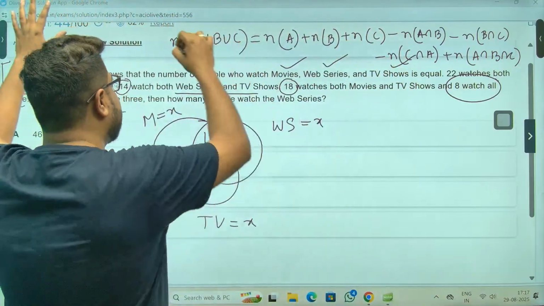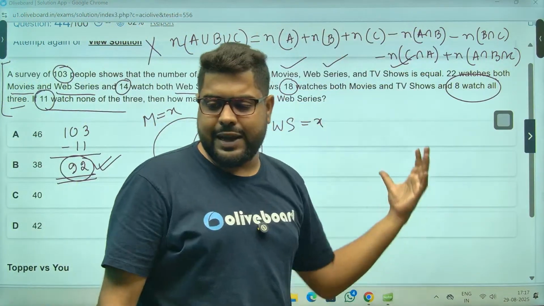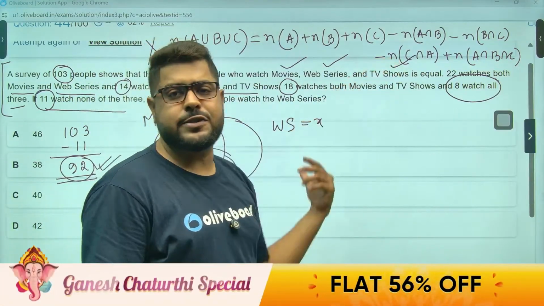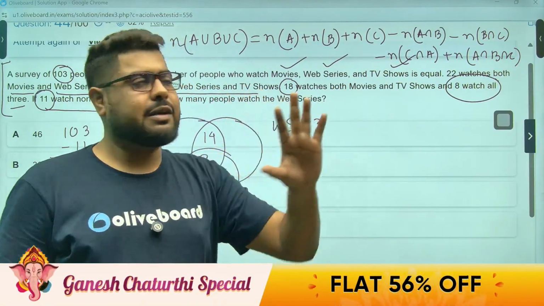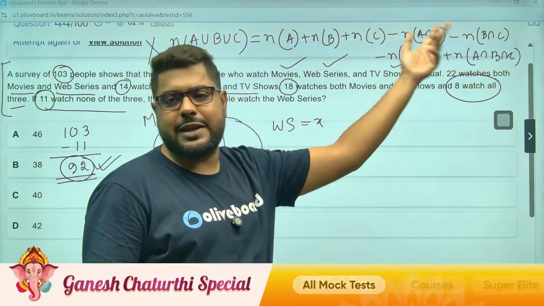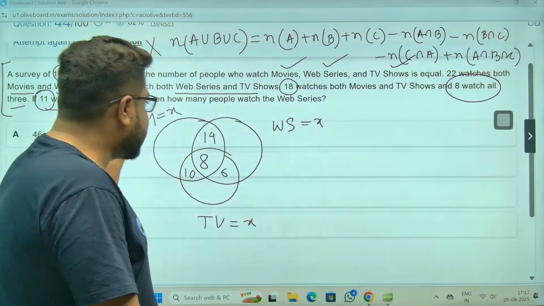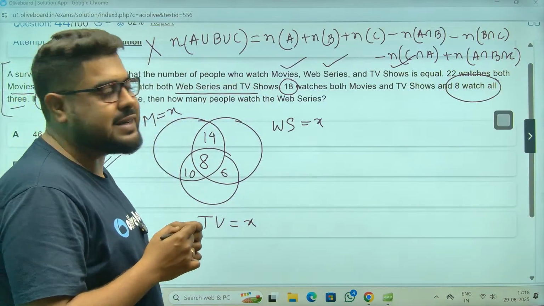I don't really recommend this, but in this question, it would be a little easy: you put in values and get the answer. But it is very tricky; you put one plus or minus wrong and the whole thing is gone. So rather, let's understand this properly.